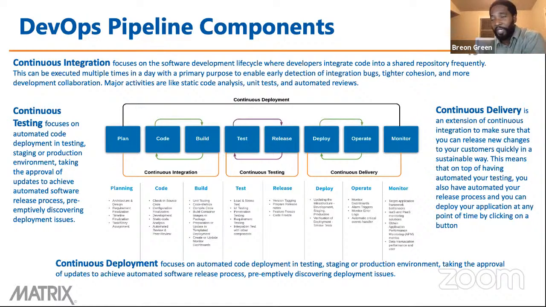But you can imagine how those two processes would still follow the same stages in order to be released to our customers. So visualize that through these diagrams when we talk about the pipeline components.